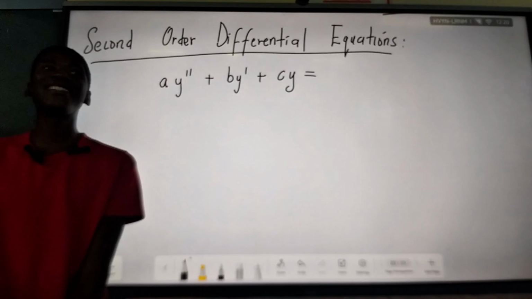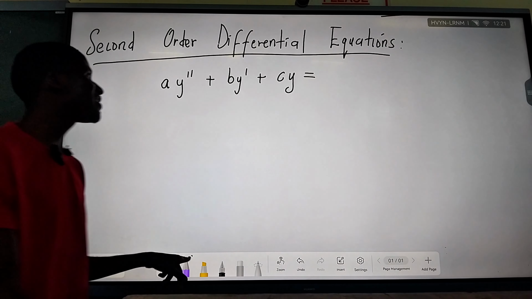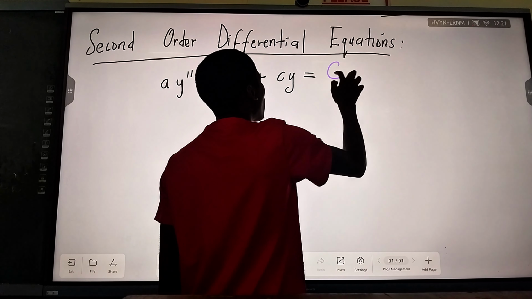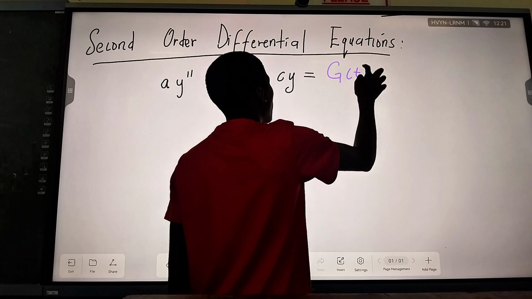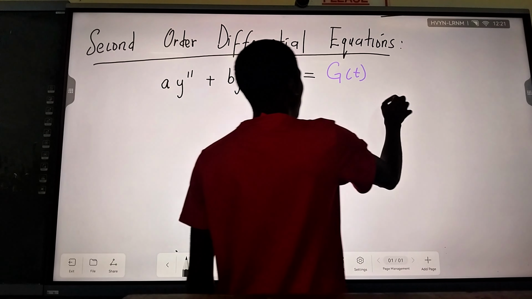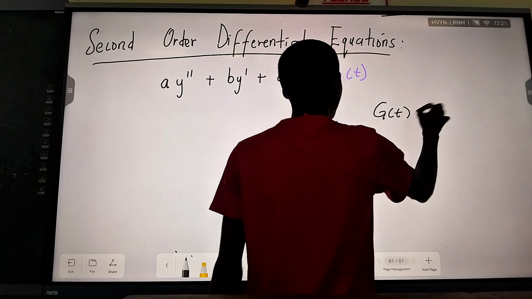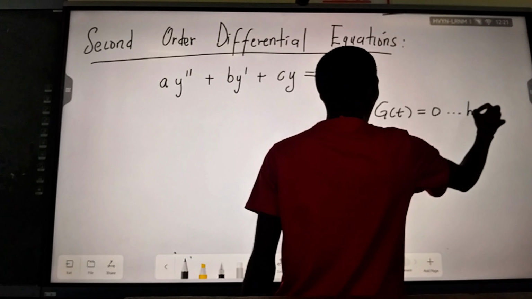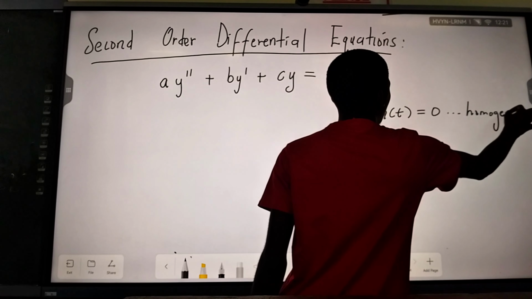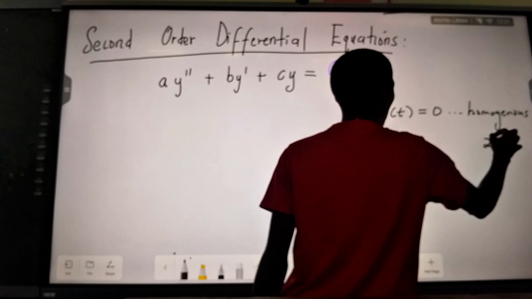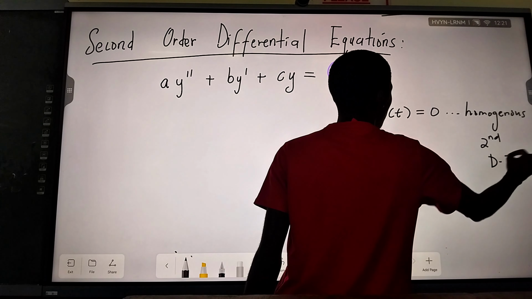It is the term on the other side of the equal sign. On the equal sign, you have a term which I will call g(t). If g(t) is 0, we say it's a homogeneous second order differential equation.